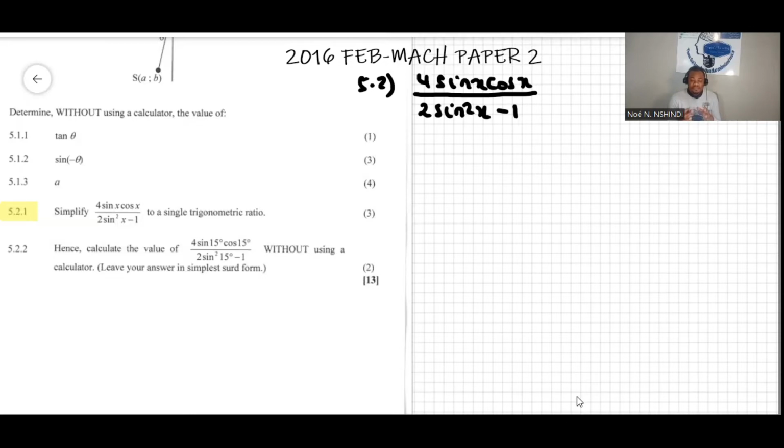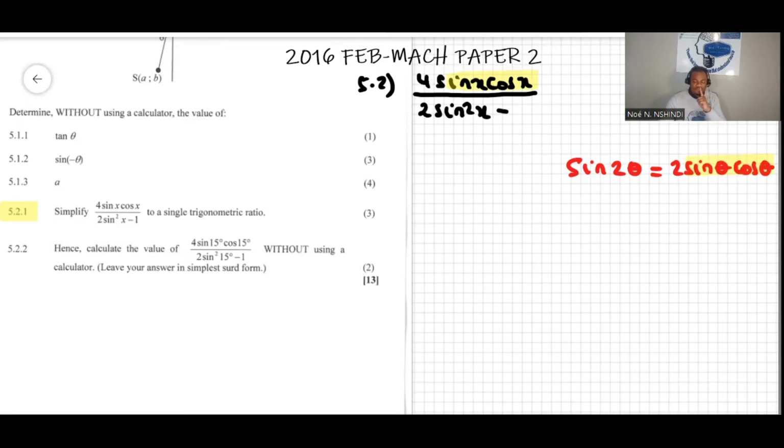Now, to simplify this, we are going to use some trig formulas. As I can see, 4 sine x cos x, I remember there's a property that says sine of 2 theta is equal to 2 sine theta cos theta. But over here, I can already see sine x cos x, so the two look similar.